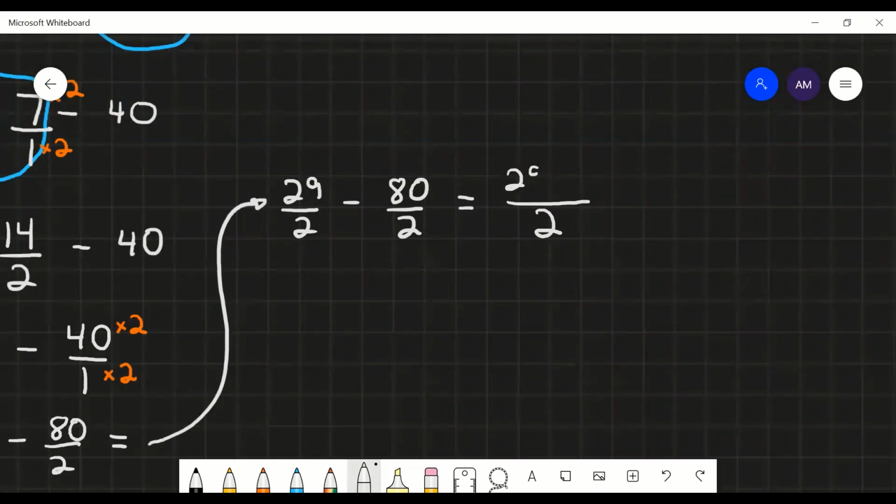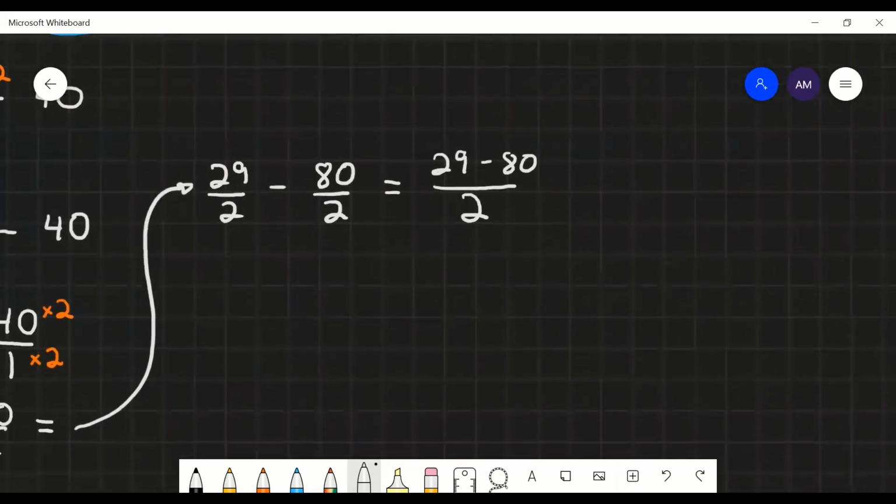It's whatever 29 minus 80 would be. So remember our example with positive and negative numbers. 80 is bigger than 29 and it's negative. So this means that we're going to get whatever 80 minus 29 is, but it's going to be negative. So 80 minus 29, well, that's going to make 51, but it's negative. So negative 51 over 2. Negative 51 over 2. And that will be our final answer.